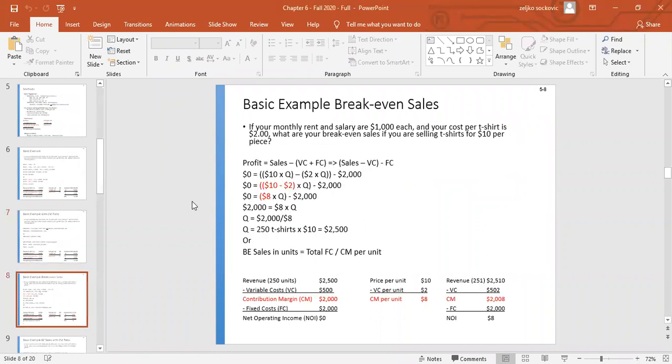Okay, this is CM ratio. You will look at this. So break-even sales. What is break-even again? It's when your profit is 0.